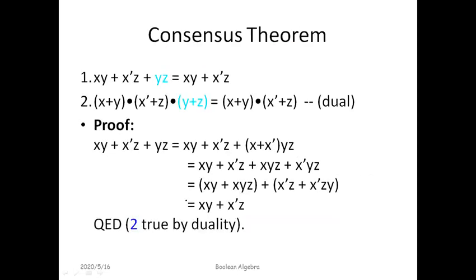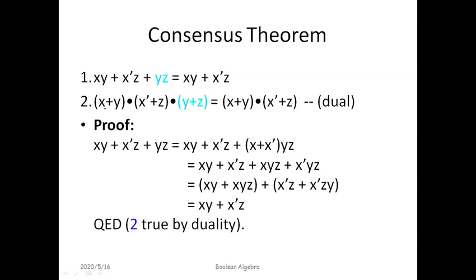Okay, let's look at the consensus theorem. Number 1, in the consensus theorem, we have xy plus x prime z plus yz is equal to xy plus x prime z.